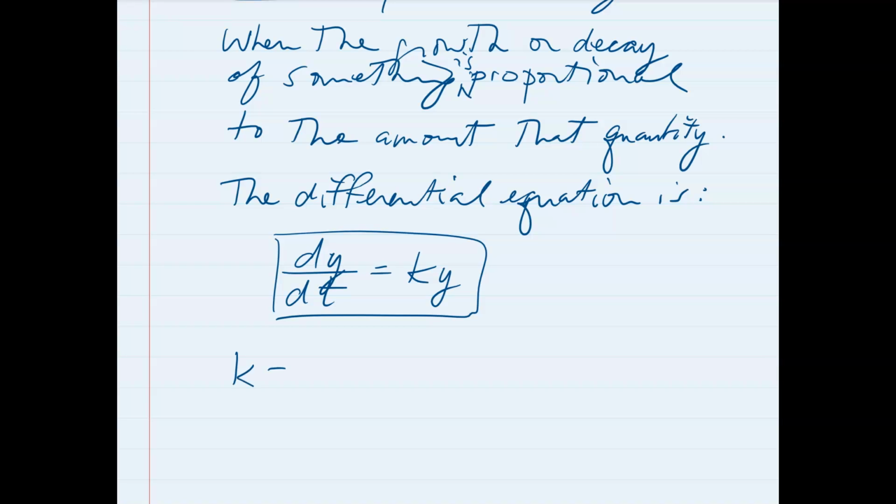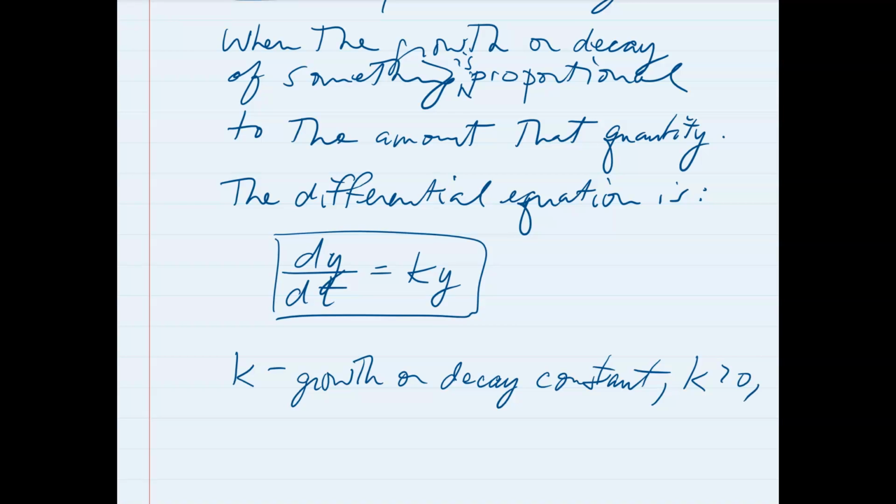k, again, is a proportionality constant. It's known as the growth or decay constant. Our book talks about k being greater than 0 always.